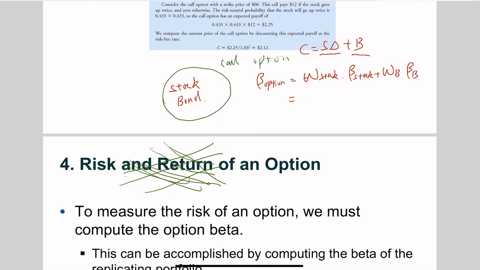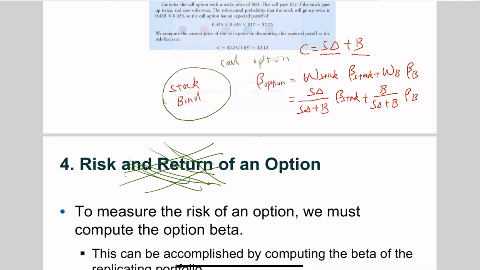So you can see that portfolio weight for the stock is given by S delta divided by S delta plus B, times beta of stock. And then the portfolio weight of the bond is B divided by S delta plus B, times beta of B. But what is beta of B?